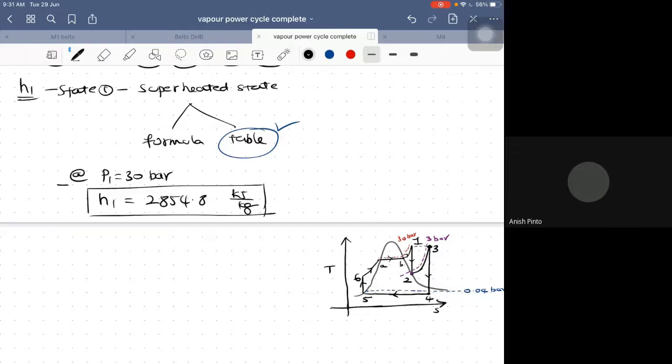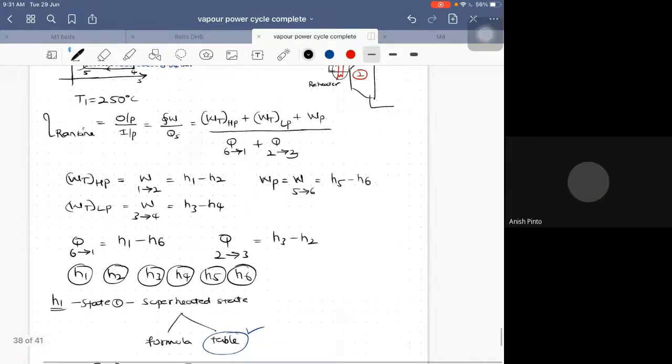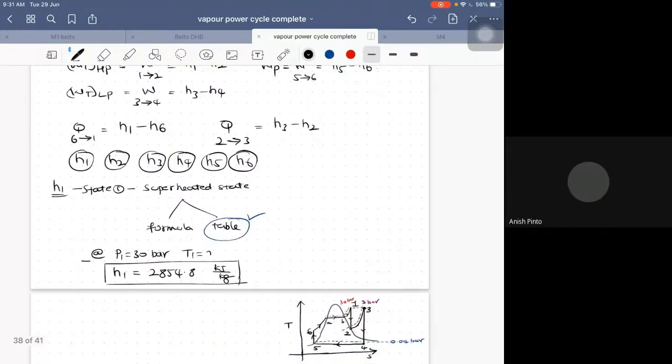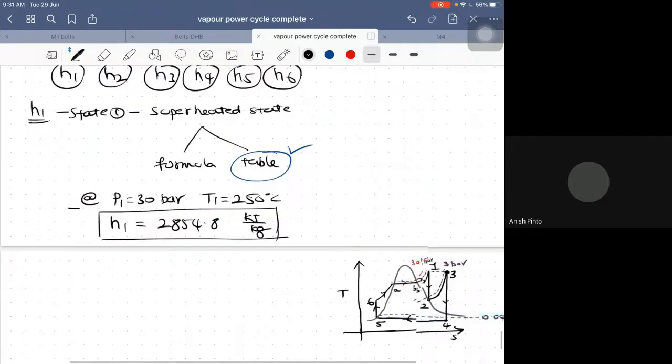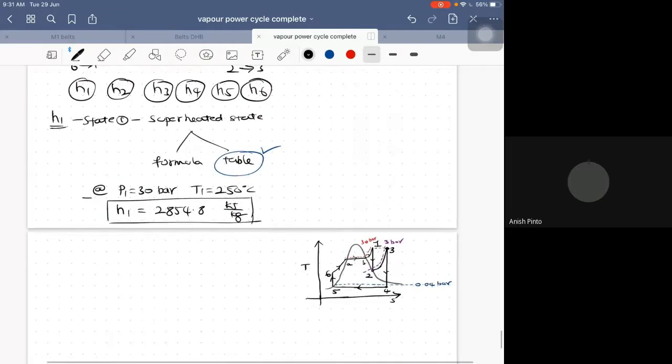You might also need the value of temperature, right? Yes, sir. Without temperature we cannot get it. The temperature is 250 centigrade. Okay, now I have the calculated value of H1.